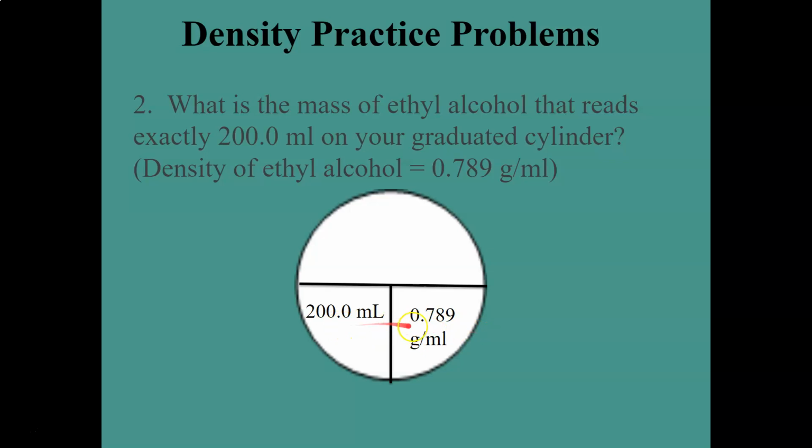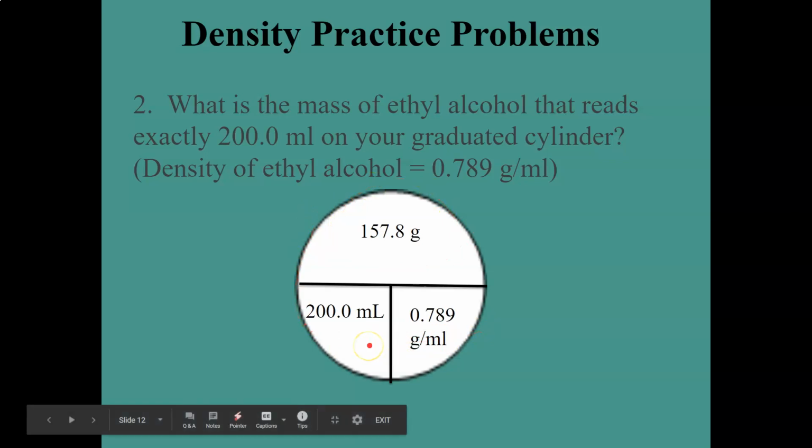When the two are next to each other, we simply multiply them together. When we do that, we end up with 157.8 grams, and that is the mass of this sample of ethyl alcohol. We could find that knowing these other two variables.